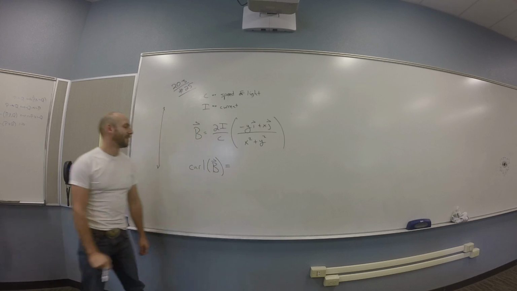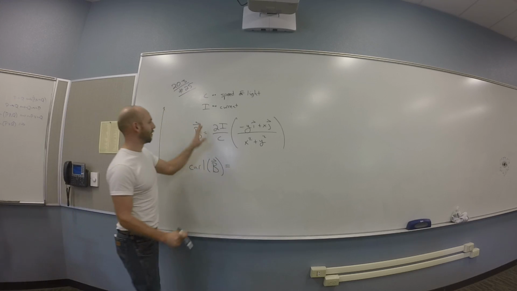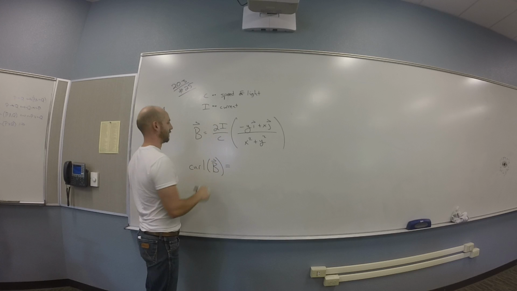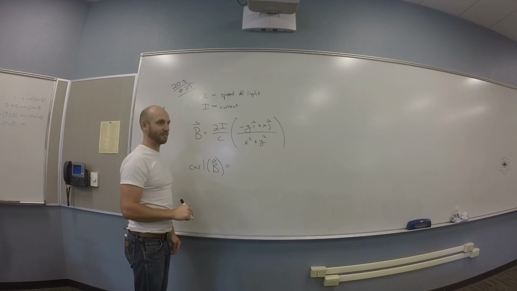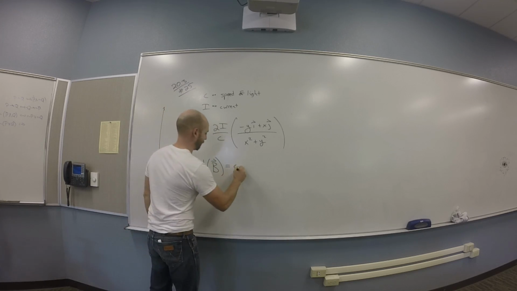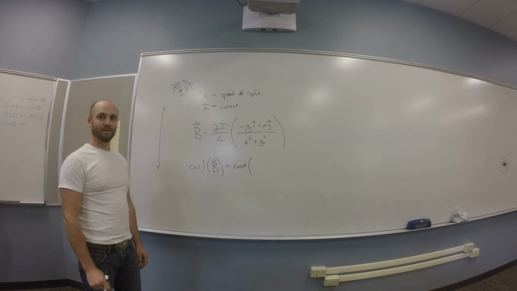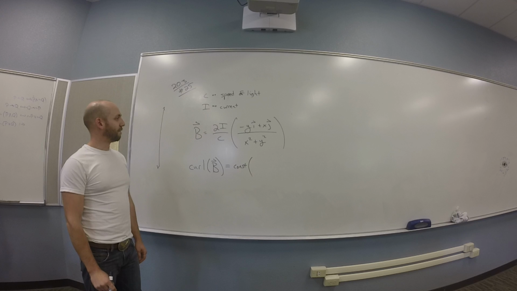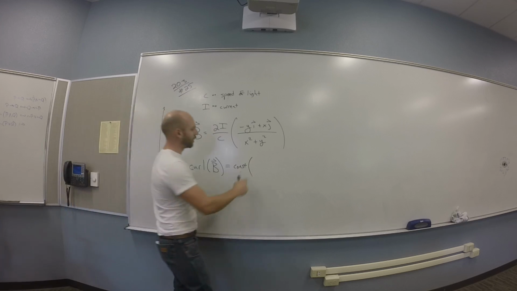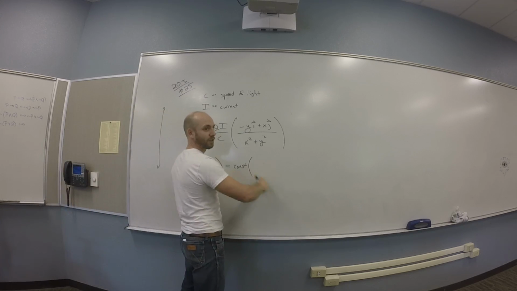Okay, so let's check the curl of B. So I'm going to suppress this constant. Okay, so here, what should this first guy be?